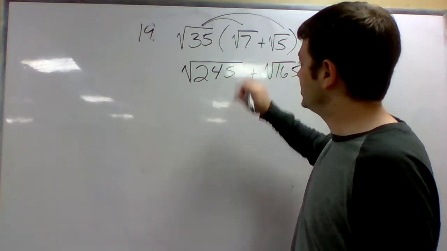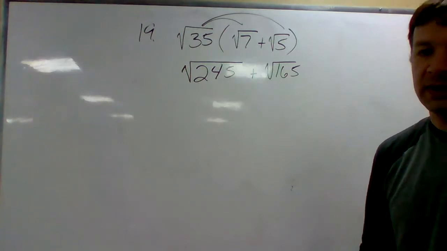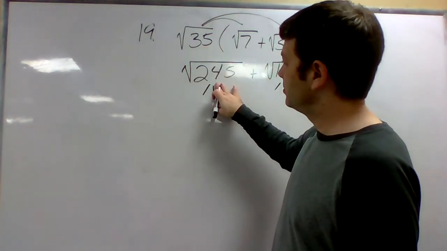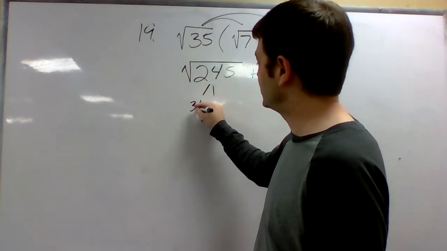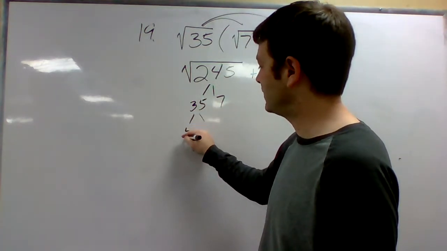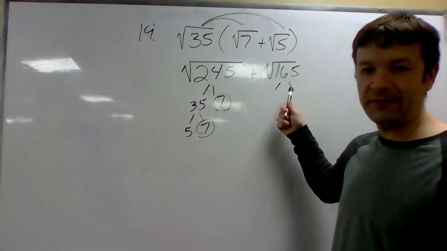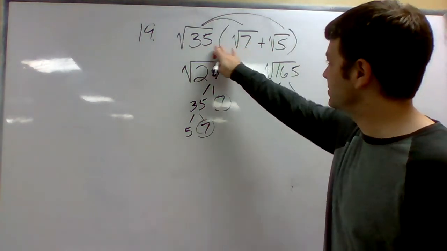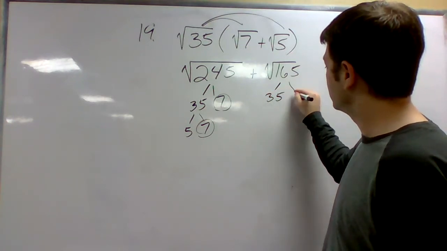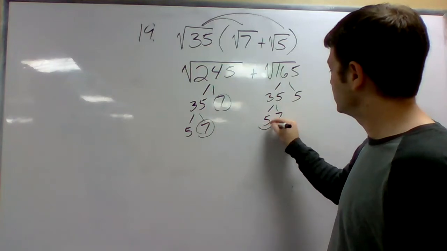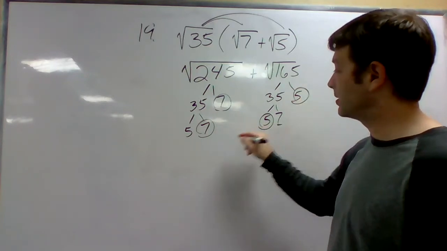Okay, but both of these are going to need to be simplified. 245 is 35 times 7. 35 is 5 times 7. So there's our doubles. 165 is 35 times 5. So the doubles are there.